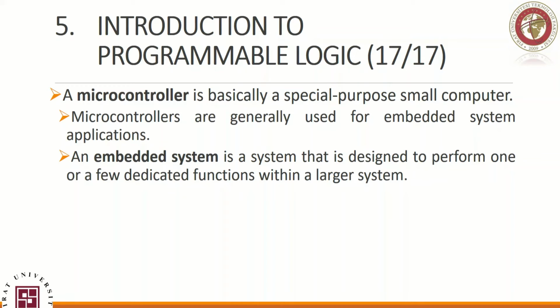We have the microcontroller. A microcontroller actually is a special purpose computer, and usually it is small in size, designed for a certain purpose. So when we say certain purpose, that is an embedded system. An embedded system actually is a computational ability. It's a tiny computer, a small computer, or a small programmable device. We need it to do certain things, one or more functionalities within a larger system.